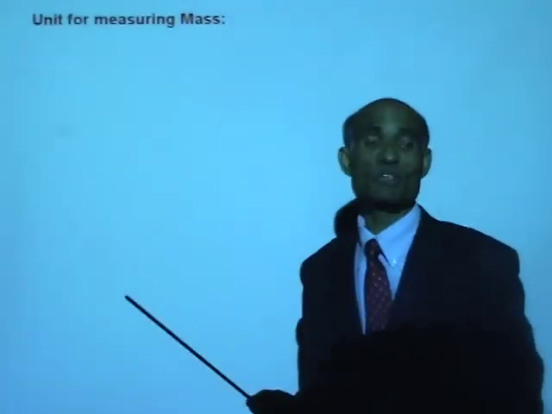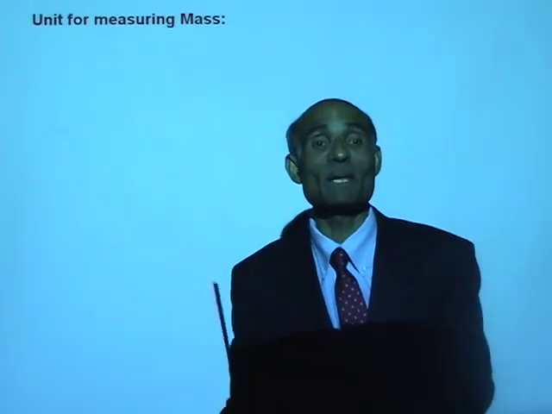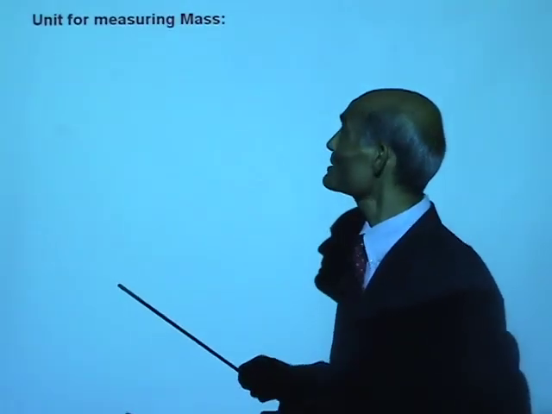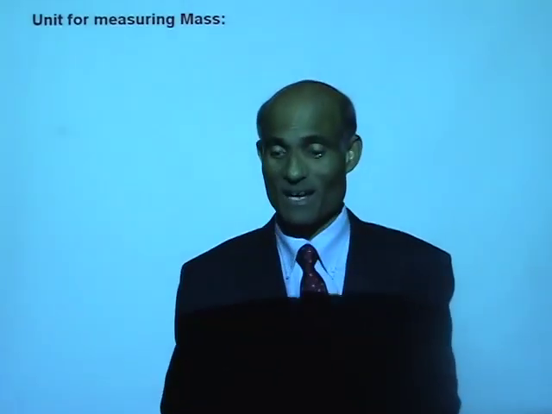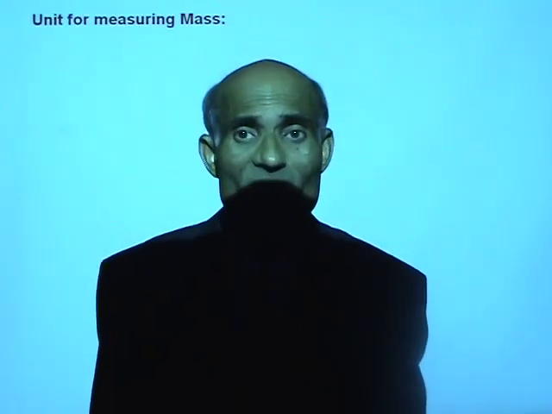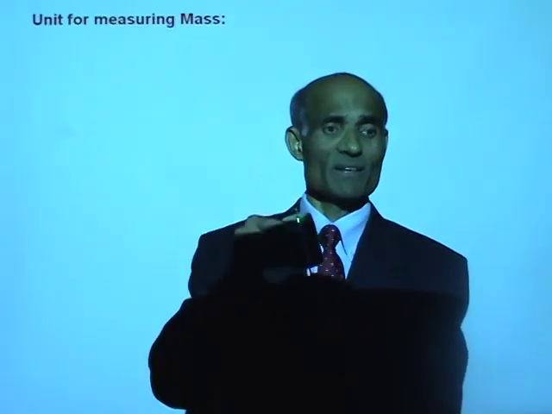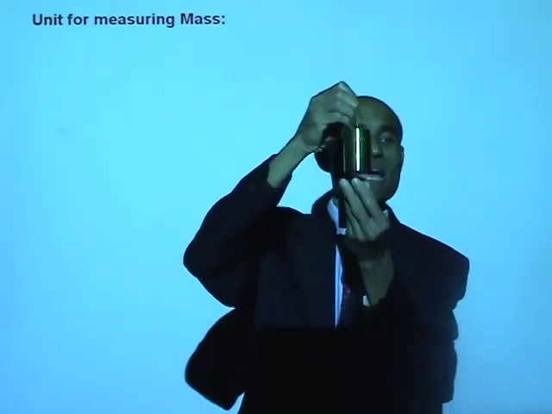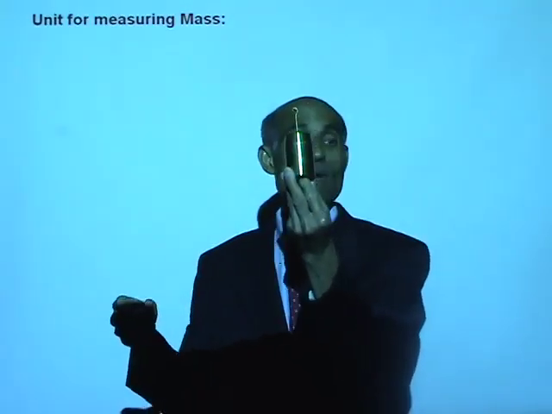Let's now talk about units for measuring mass. And what did we say the unit for measuring mass is? Well, the unit for measuring mass is a kilogram, and this is a kilogram.